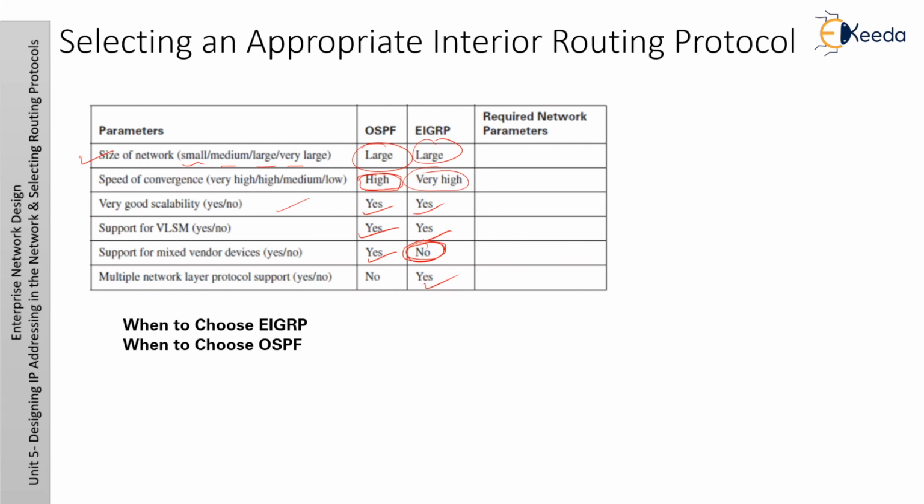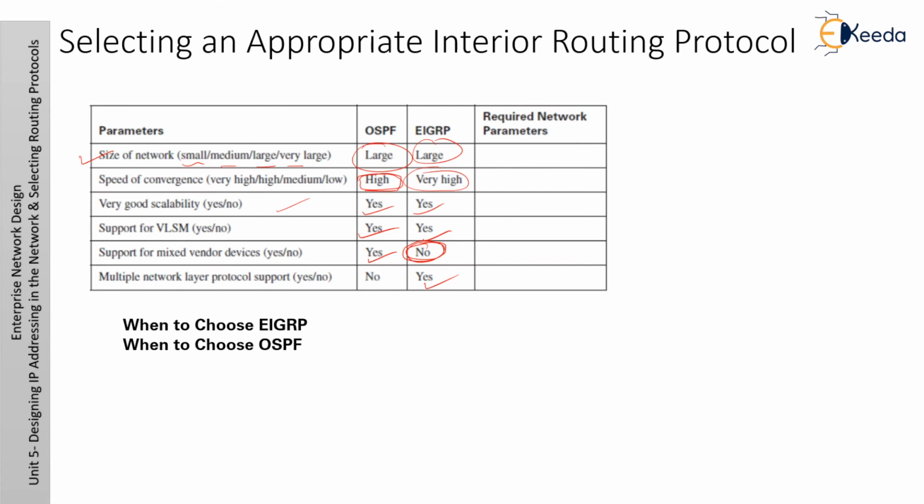So whenever we are going to a large network with a high degree of convergence and also support of scalability and VLSM and multiple network layers, then we choose EIGRP, with or without mixed vendor devices.